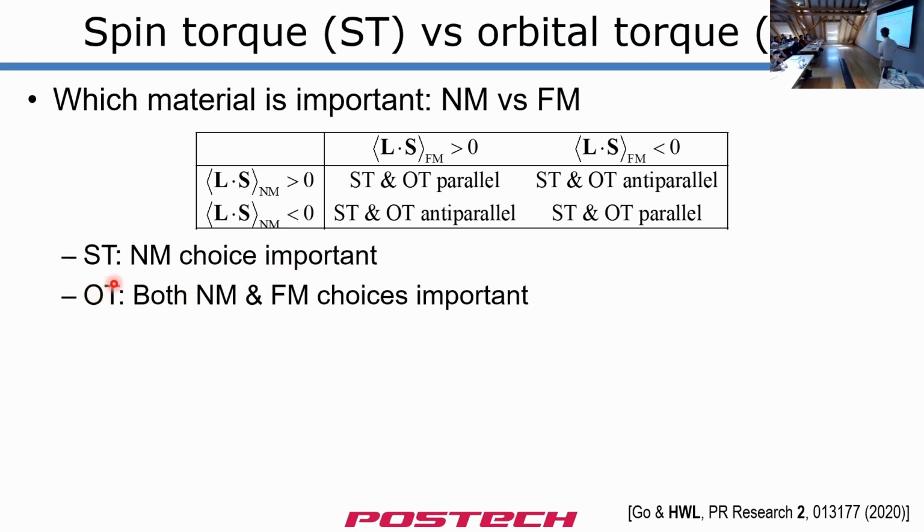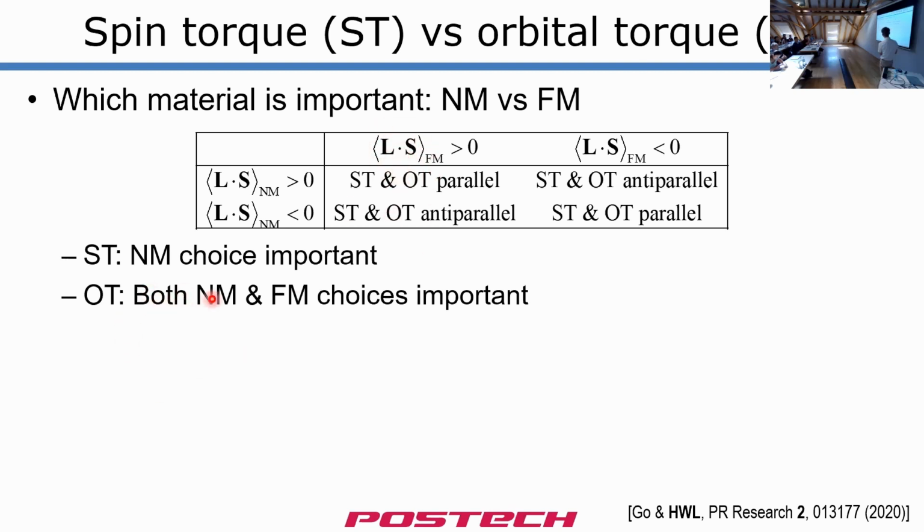But for orbital torque, we inject an orbital angular momentum current, and that needs to be converted to a spin current through this spin-orbit correlation in the ferromagnet. So not only the normal metal choice, but also the ferromagnet choice matters, because for some ferromagnets this LS correlation is weak, but for a different material it can be larger.